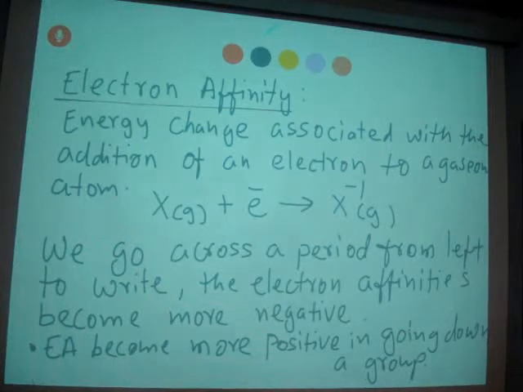So you can say that's the trend: from left to right, electron affinity becomes more negative, and when you go down, that is more positive.